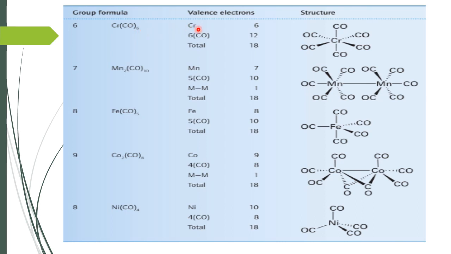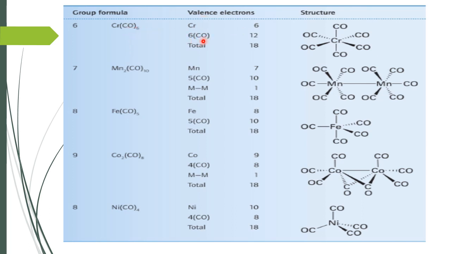When you calculate the EAN rule, the effective atomic number, it obeys the 18 electrons noble gas configuration. The central chromium has 6 valence electrons, that is the outermost electrons 4s1 and 3d5, a total of 6 electrons, and there are 6 carbonyl groups.